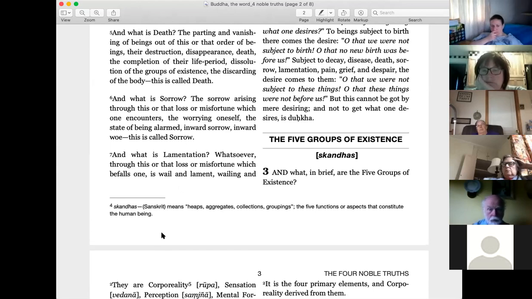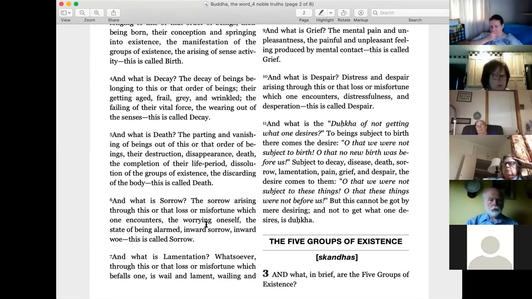The 5 groups of existence are also known as the skandhas. And that's a Sanskrit word that means aggregates or collections or groups. And in this particular case, he's referring to the 5 aspects that constitute what it is to be a human being. And we'll explore those shortly.